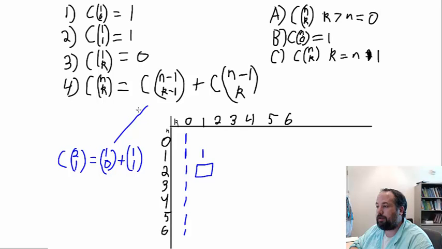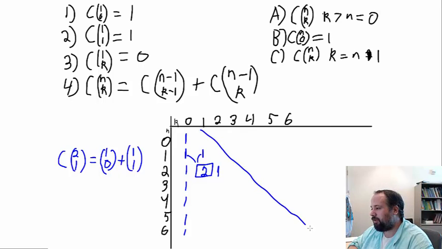And I hope you see how we got that. So based upon that, we're going to add these two together and we will get 2. And then 2 choose 2 per our rule C up there is going to be 1, which makes sense.